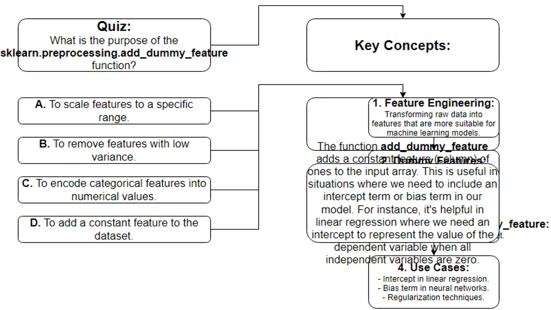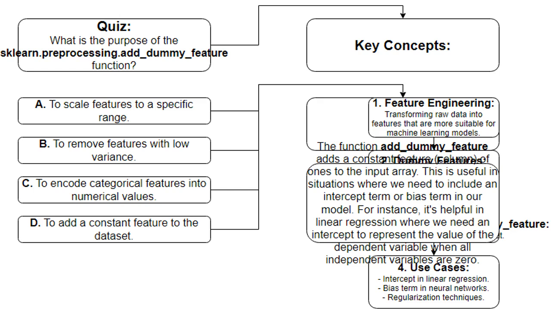4. Use cases. Intercept in linear regression. Bias term in neural networks. Regularization techniques. In linear regression, the intercept term, represented by the dummy feature, is used to adjust the line's position to better fit the data.